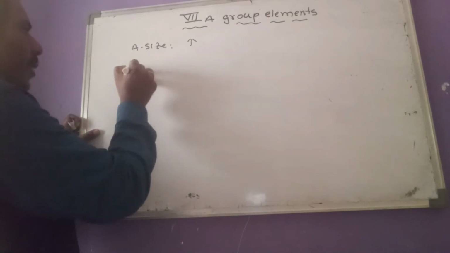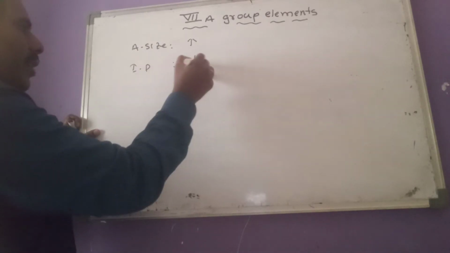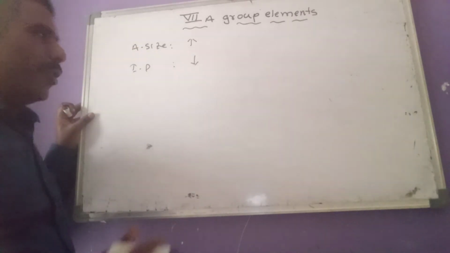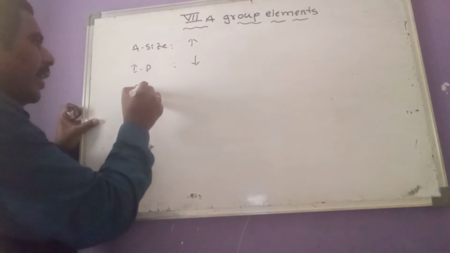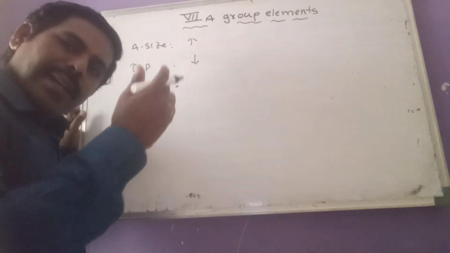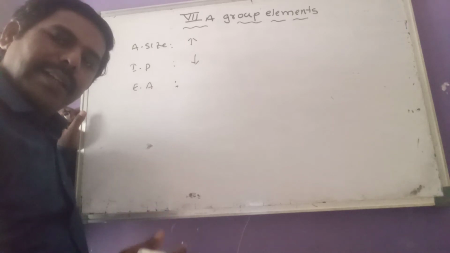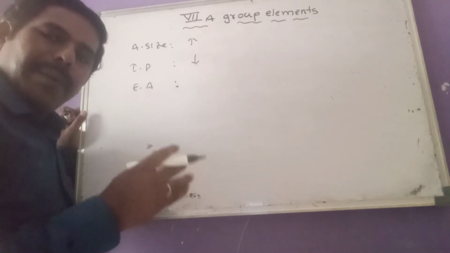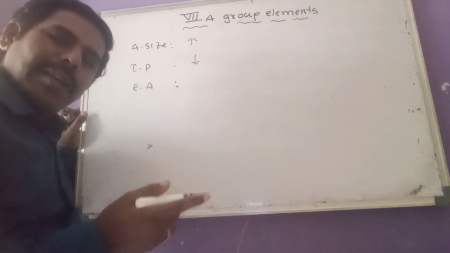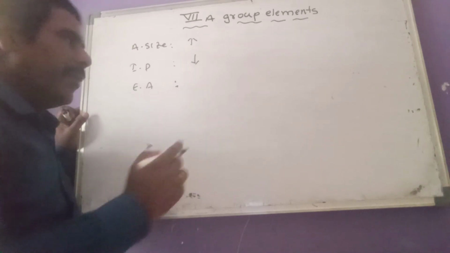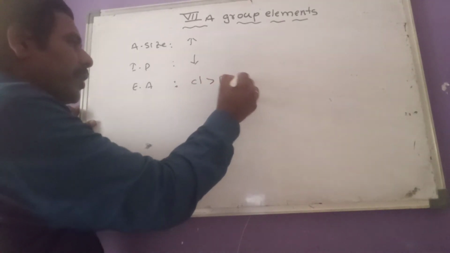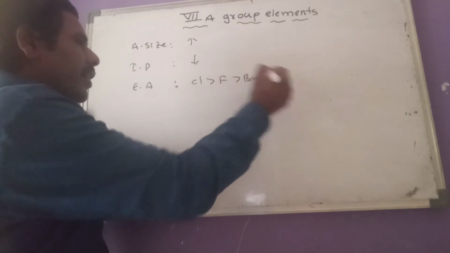And then coming to ionization potential, ionization potential decreases from fluorine to iodine. And then electron affinity or electron gain enthalpy. Generally electron gain enthalpy decreases from top to bottom, but in each and every group the second element's electron gain enthalpy is greater than that of the first element. So now here chlorine is greater than fluorine, greater than bromine, greater than iodine.